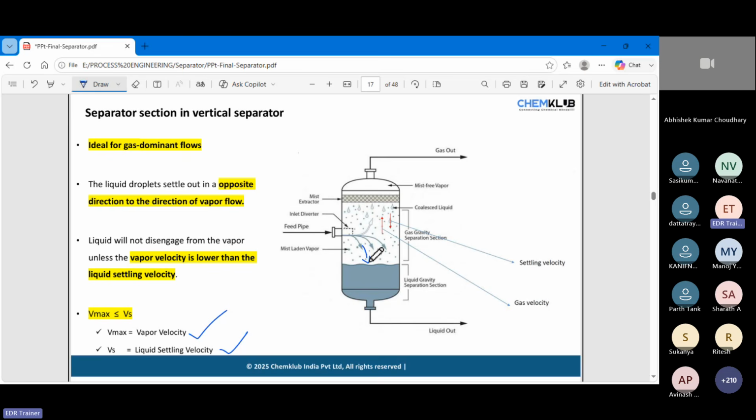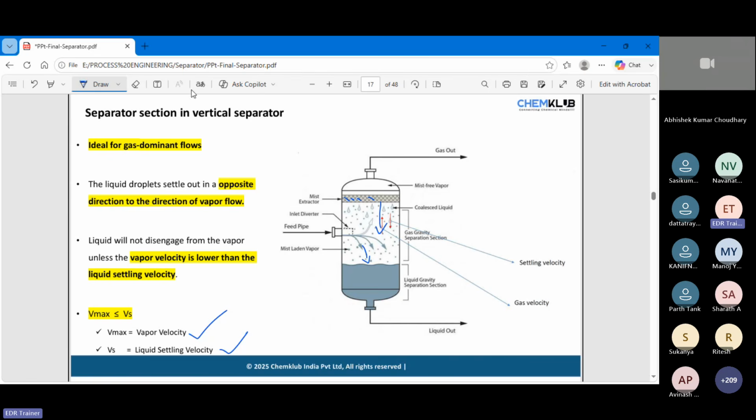Otherwise, what will happen? Liquid will carry over with the vapor, and you will get losses of liquid. If you have a mist eliminator, it will trap the liquid, which comes back and settles down to the bottom of the separator.